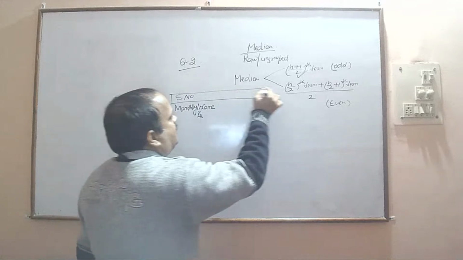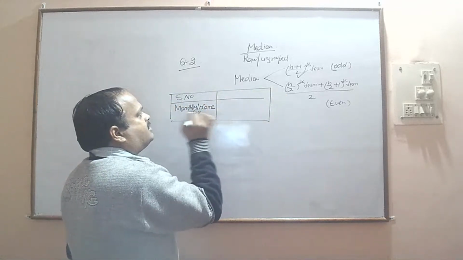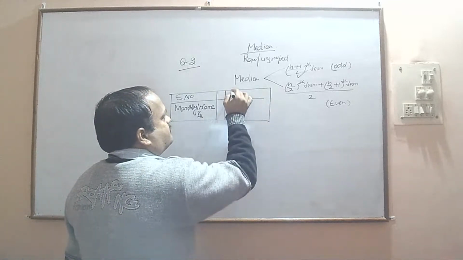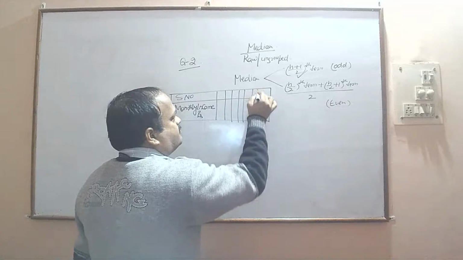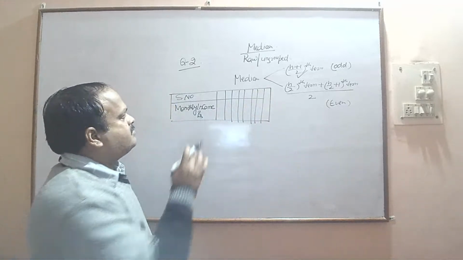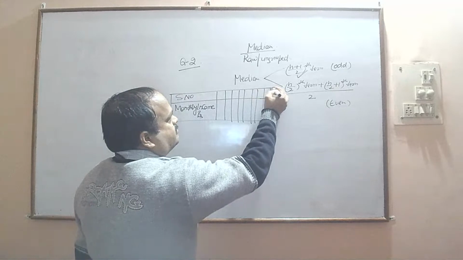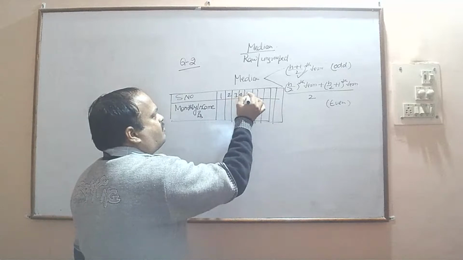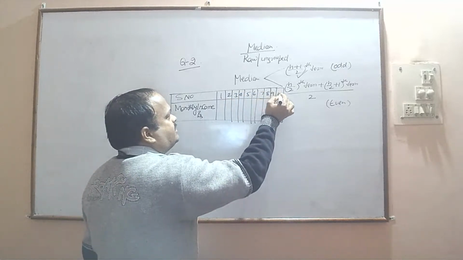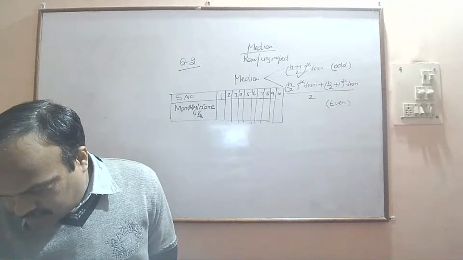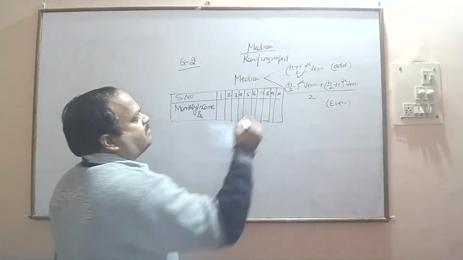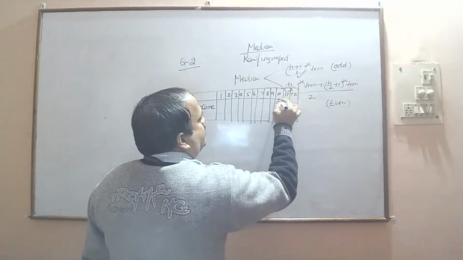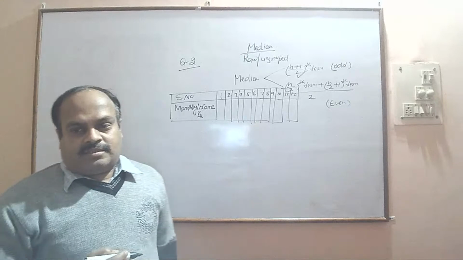We have a table with serial numbers 1 to 12.